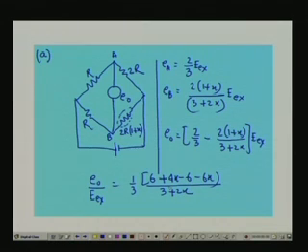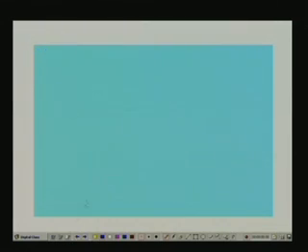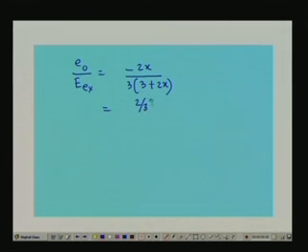Which will give you, let me take a new page, Eo by Ex equal to minus 2x upon 3 plus 2x. So, this is equal to minus 2 by 3 x upon 1 plus 2 by 3 x.